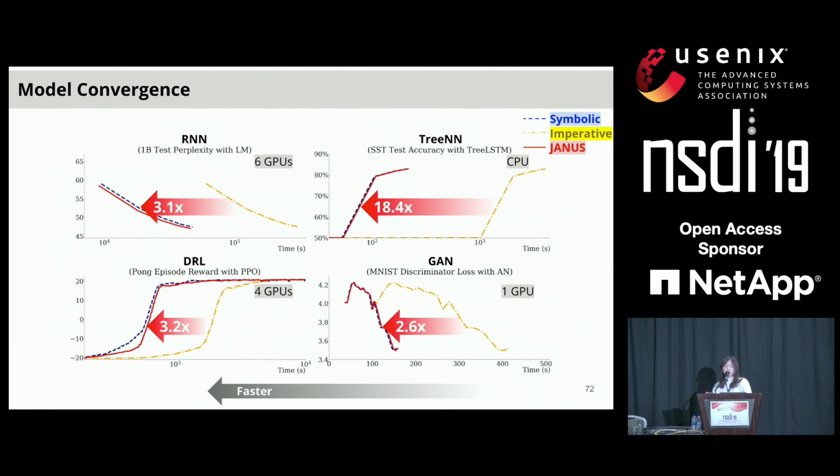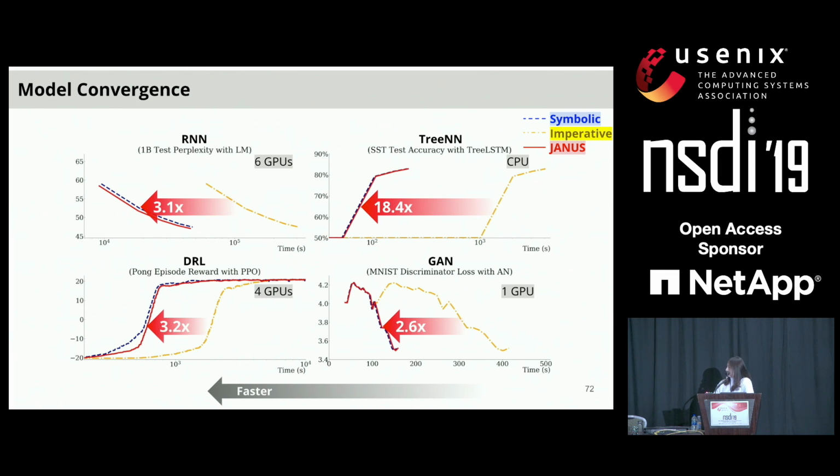The performance difference can depend on many factors, and we think this is in the error range. But it is true that JANUS can sometimes outperform the symbolic graph execution, because the automatically generated graph and the manually generated graph look a little bit different, and sometimes the performance of the automatically generated graph is better, or sometimes the manual graph is better.